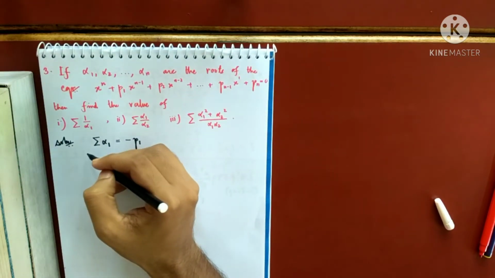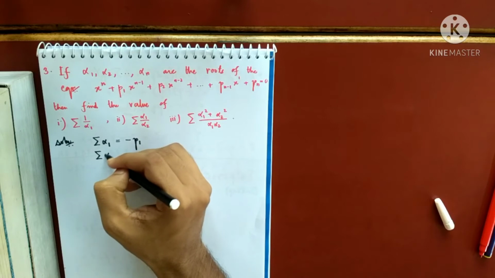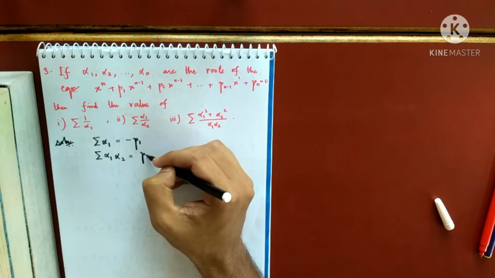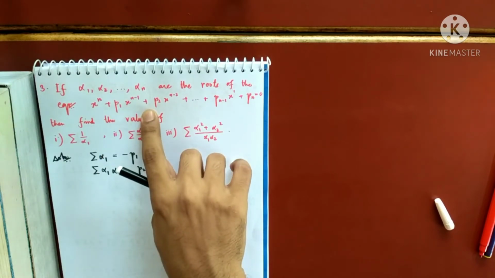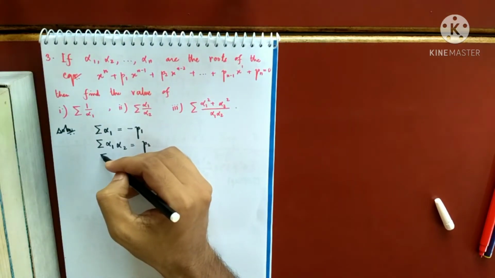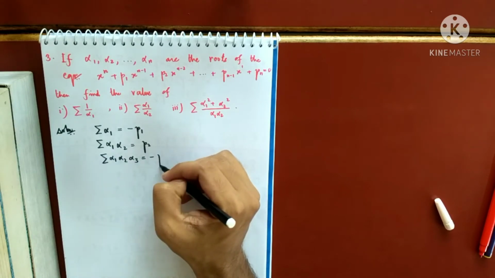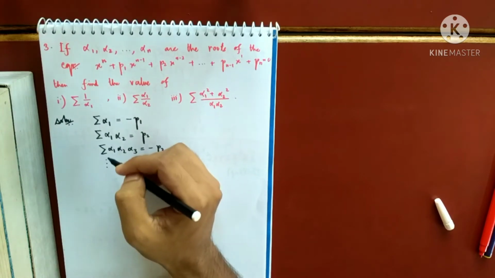Now similarly, if I take 2 at a time, I'll get p2, and so on. If I take 3 at a time, I'll get minus p3, and so on.